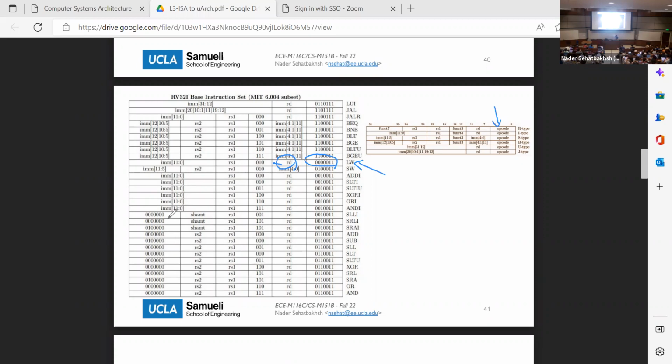So going back here, load, for example, uses this 010 for its funct3. Next time I'm going to describe what funct3 is. And then it's going to use RS1 because, again, remember, load needed RS1 as the base. And then this is the immediate part. This is the offset part. And as you can see, for load specifically, we have only 12 bits of immediate.